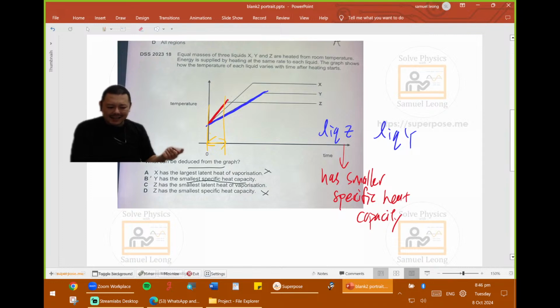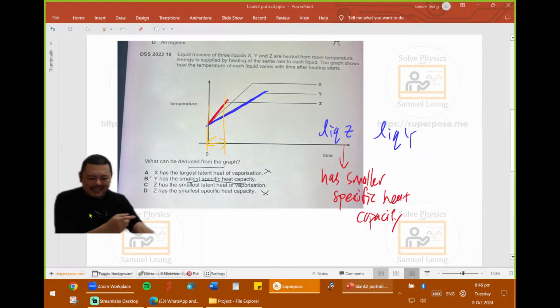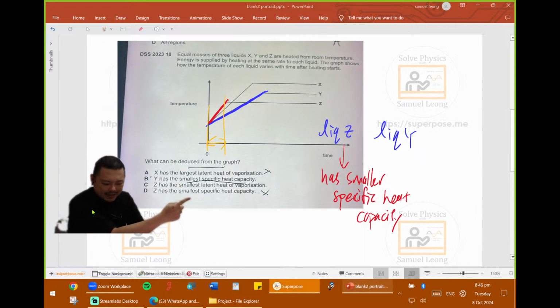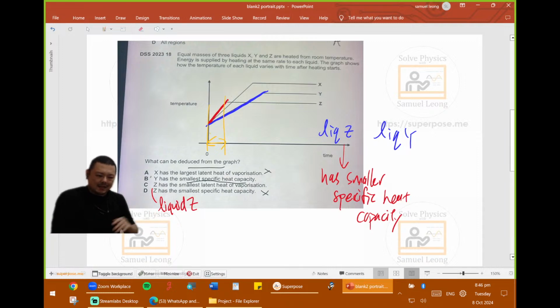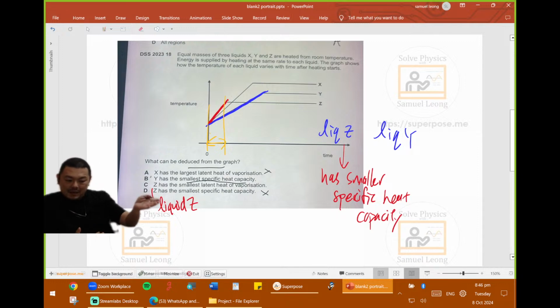Honestly, that's the answer. Z has the smallest specific heat capacity, because it has the steepest graph. But to be very fair, actually they should have said liquid Z has the smallest specific heat capacity. I don't know about the other states. I don't know about the gas. I don't know about the solid. So if you want me to be very explicit, I should say liquid Z has the smallest specific heat capacity.